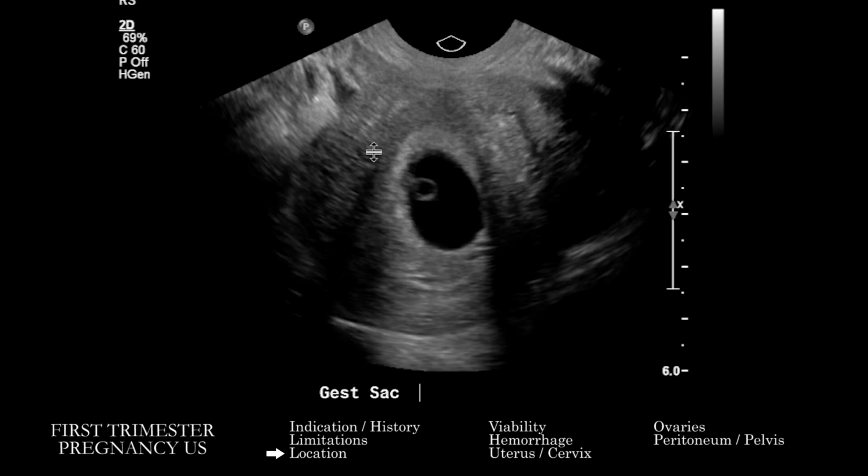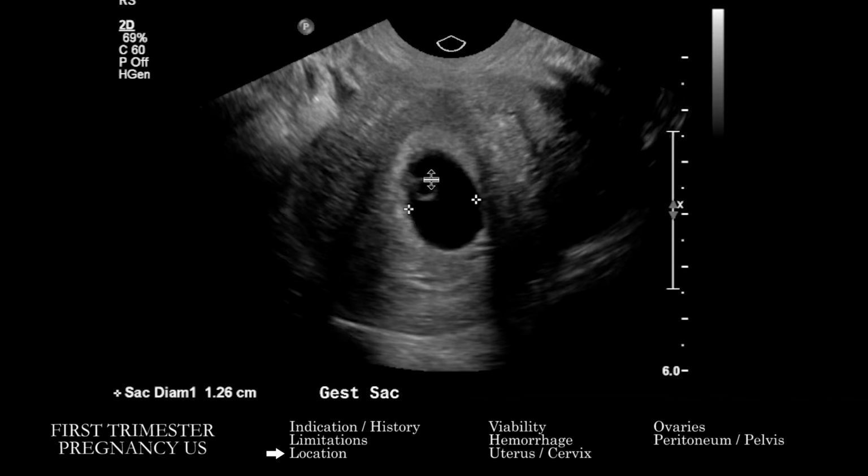And if we are seeing the adnexa, frequently it'll be in one of the fallopian tubes. We have to be very careful to distinguish that from the rare actual ovarian ectopic pregnancies. So these are things to think about. And yes, also if there's C-section scars, is it related to that? And then being careful for the very rare instance of more than one pregnancy. So remember to be checking all these locations.